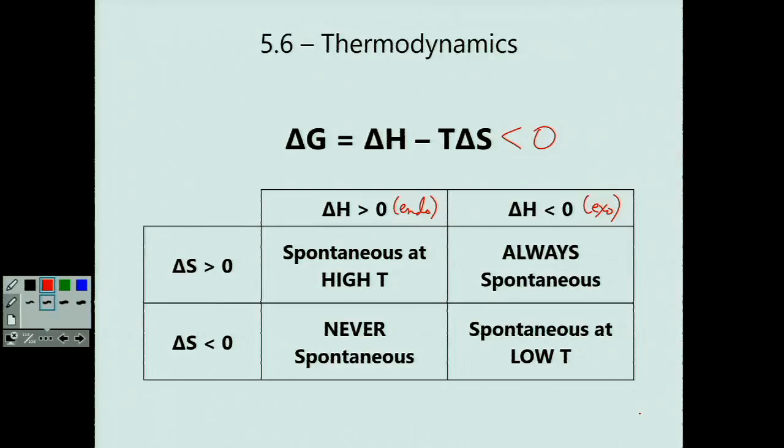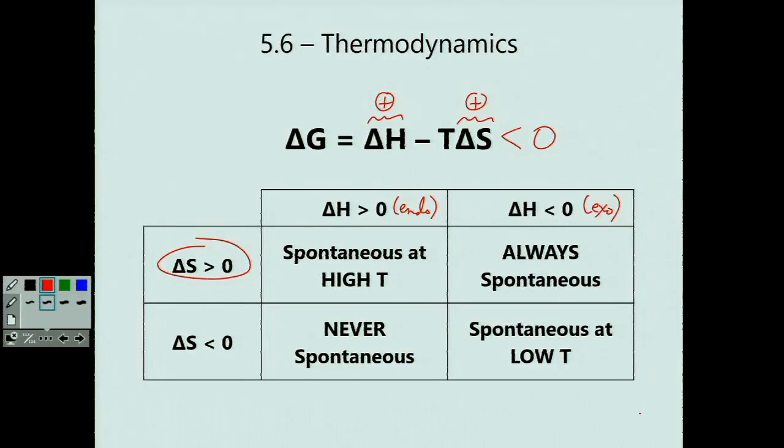So anyway, if you have an endothermic process, that means that this value is positive, right? And if you have a positive delta S, then this value is positive. Now, what is the sign of T? T is absolute temperature. It's always positive. There's no possibility of T being anything other than a positive value.